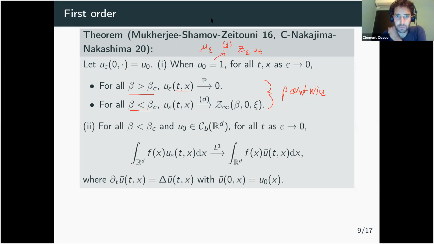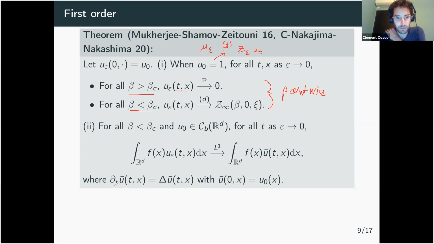You can show that if you are below this beta C threshold and you start with any continuous profile, then when you test your function against a test function f, your solution in terms of distribution will converge to the solution U bar of the deterministic heat equation.